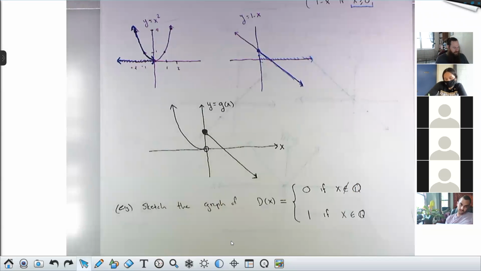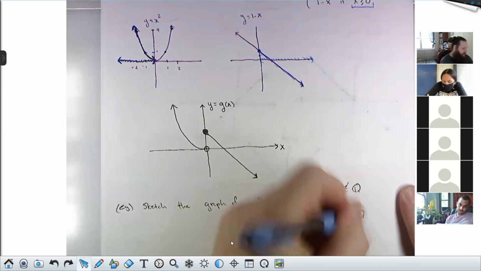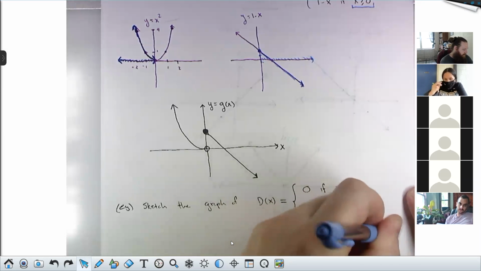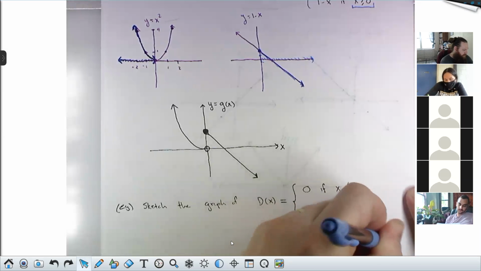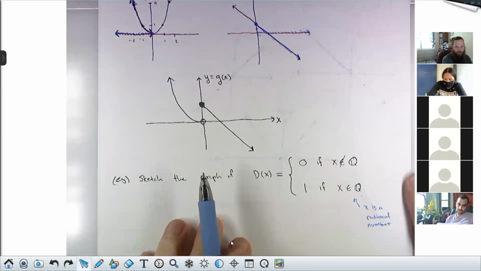I'll remind you some notation. We talked about this early, but this means x is a rational number. This would be read as x is an element of Q, and remember Q is the symbol we use to refer to the collection of all rational numbers.